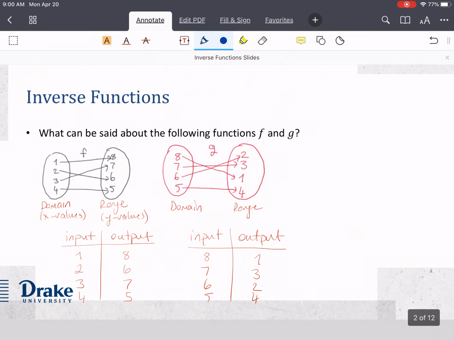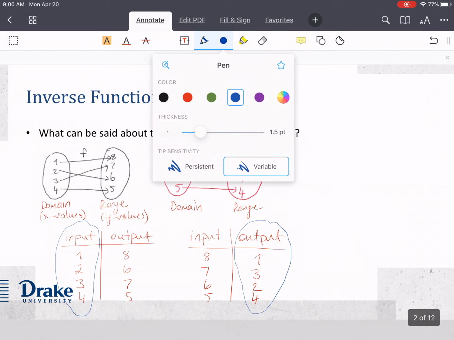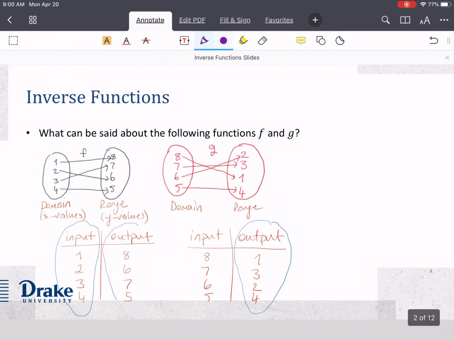So as you can see, first of all, when you take a look at these two tables, what do you notice? A lot of you can notice that the input of this function, 1, 2, 3, 4, seems to be the output of this function, and the output of function f seems to be the input of the function g.